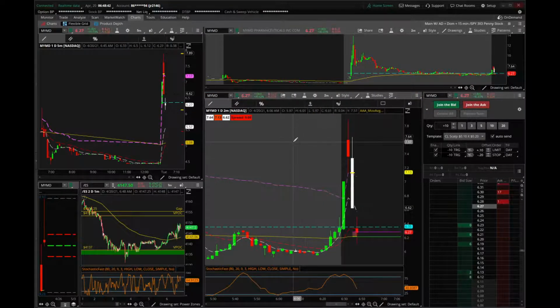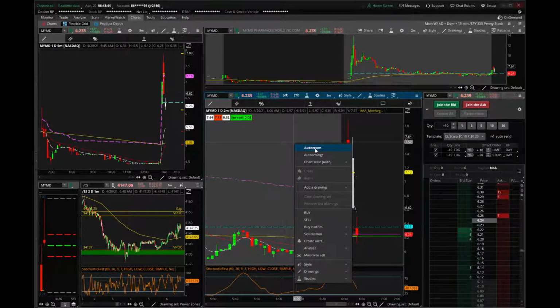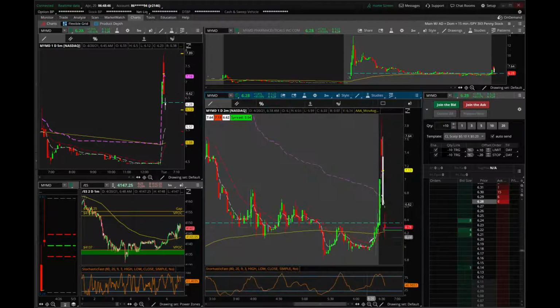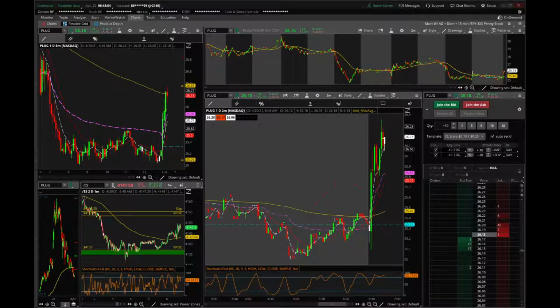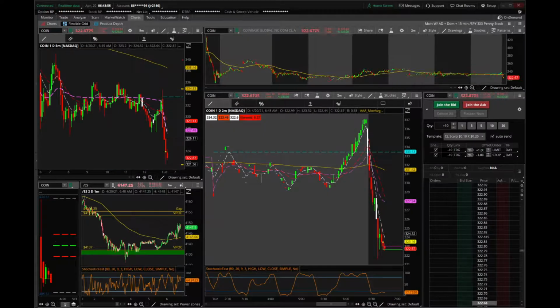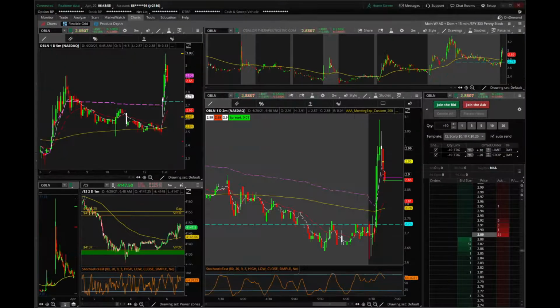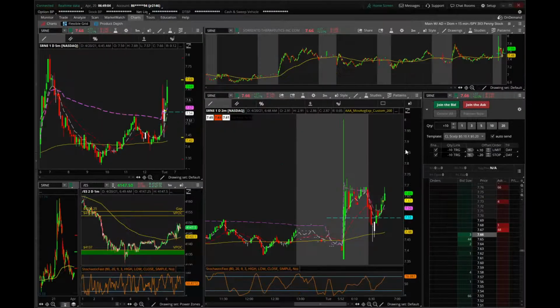Look at this, the MYMD. Look at that, open. Yeah, that thing isn't trading well. NVIDIA, yeah, not a fan. Plug, coin, OBLN, nothing. SRNE, let's take a look at Serene.